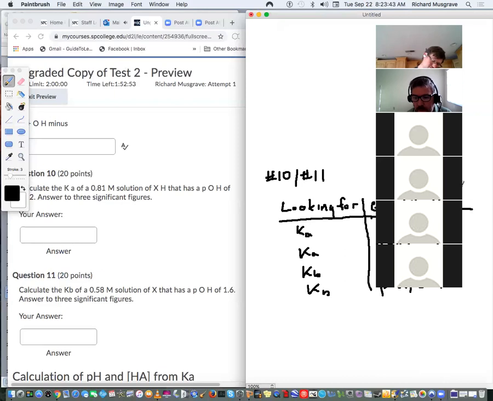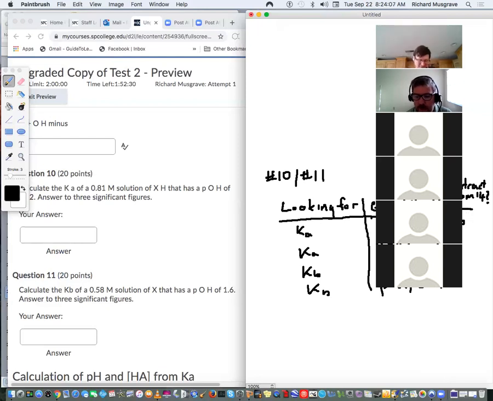So in the case of Ka, we're given pH, we need H plus, so we don't need to do a subtraction from 14.